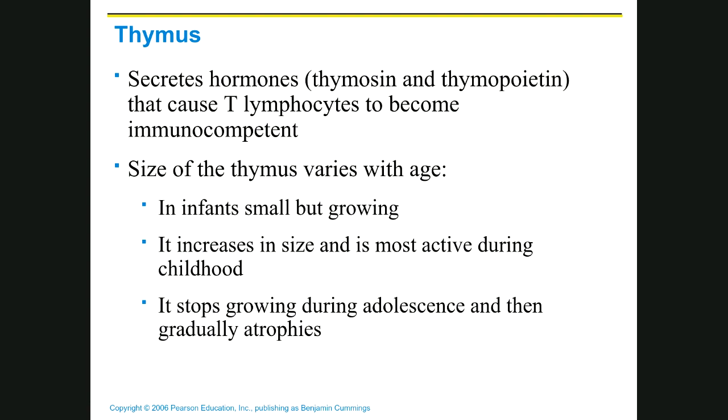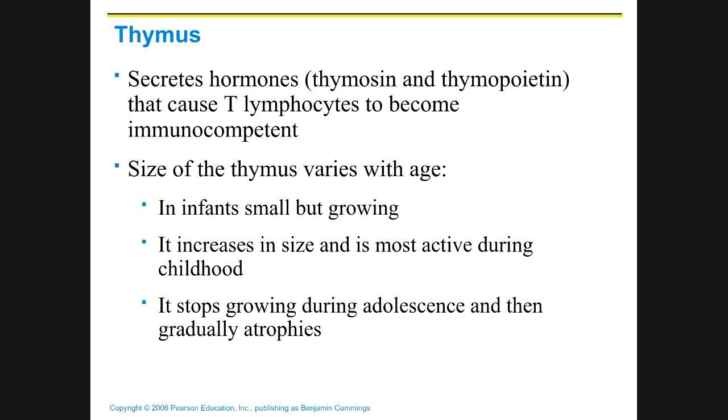Let's look at the thymus. So the thymus is where T cells mature. What's going to happen with T cells is they are going to start out in the bone marrow, but they're going to leave the bone marrow and go to the thymus. And there's where they're going to mature. Well, the thymus is an endocrine organ. It secretes hormones.